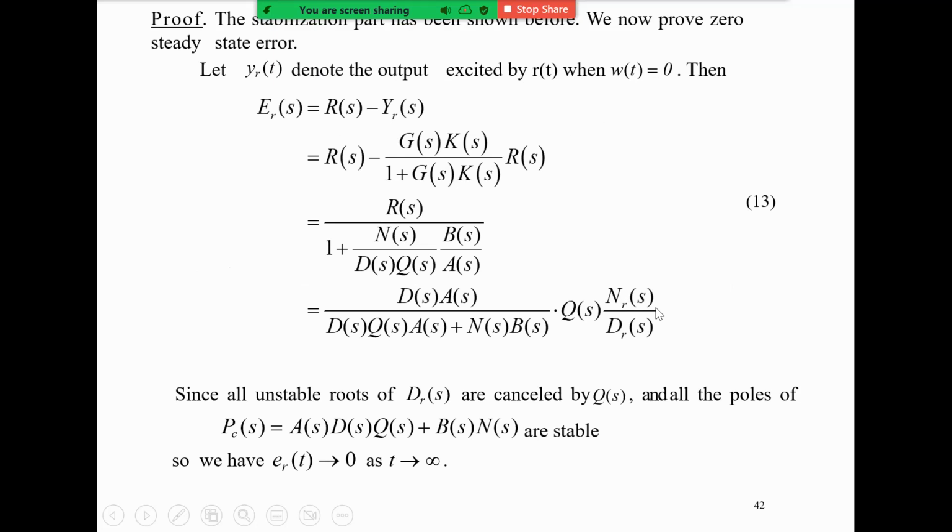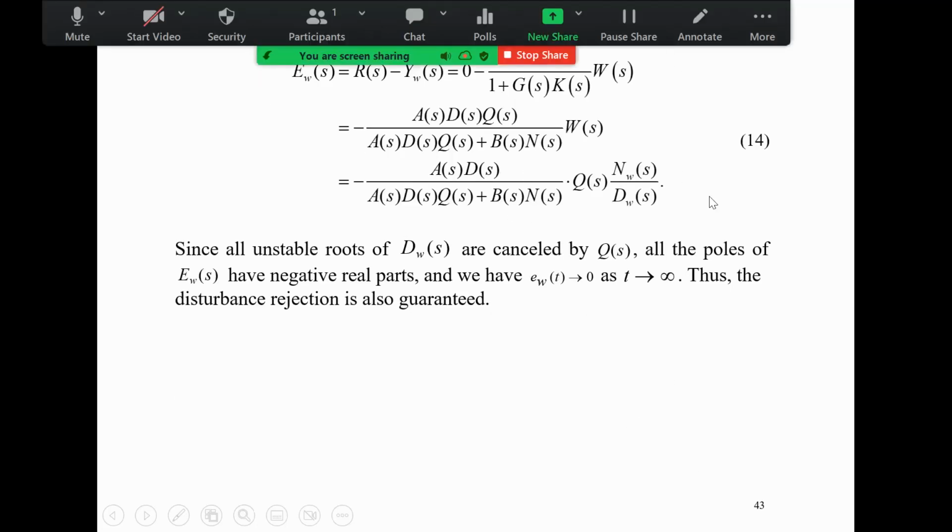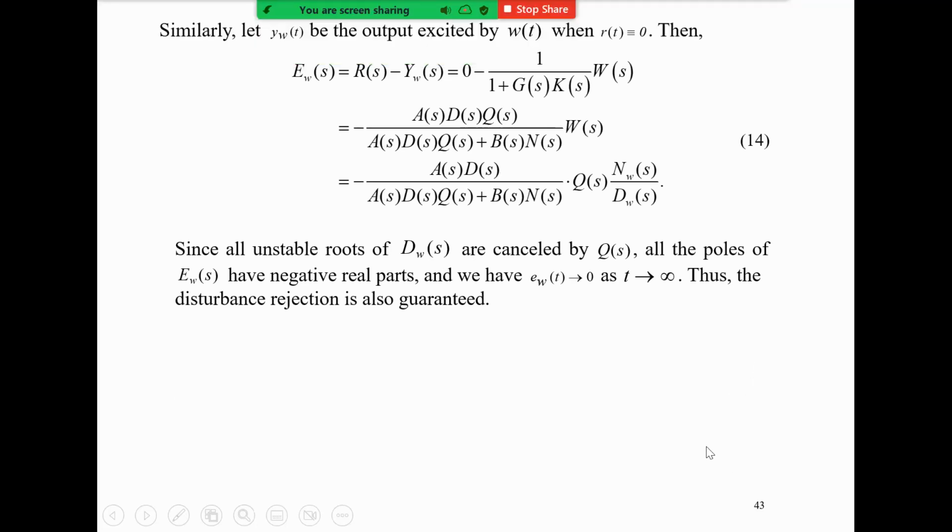Then in the next part, I only showed you that when the disturbance is not 0 but the reference input is 0, the response will be 0. Now I claim that is sufficient to prove that when I have both non-zero reference input and non-zero disturbance, they will achieve the two objectives at the same time.